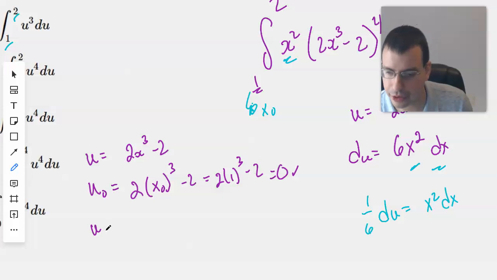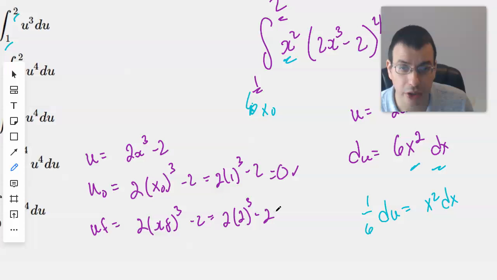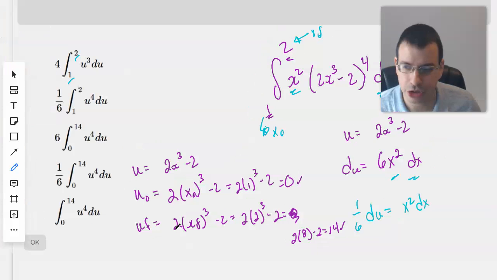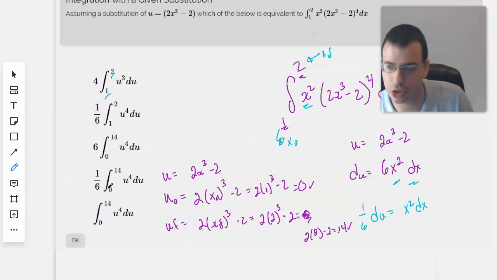U final equals 2 times x final cubed minus 2, which is 2 times 2 cubed minus 2, equals 2 times 8 minus 2, equals 14. So our suspicions are confirmed, and we can be reasonably confident that we have 0 to 14.